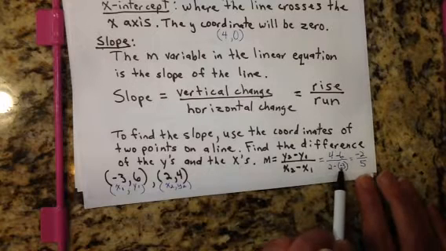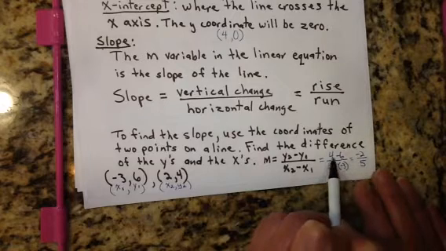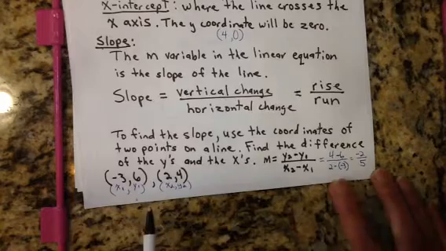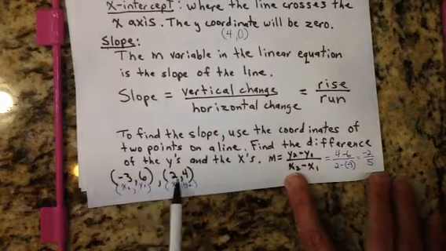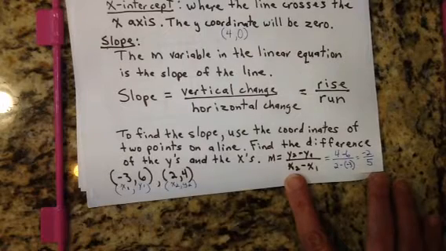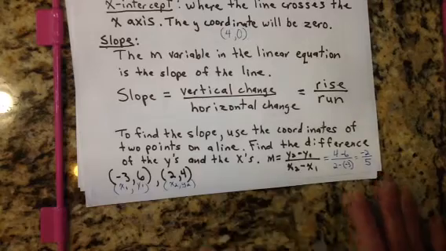So the opposite would be plus 3. And you're going to add 2 and 3 and get 5. So here we have negative 2/5 as our slope for the line that these two coordinates come from. Okay? And so anyway, that's how you find your slope.